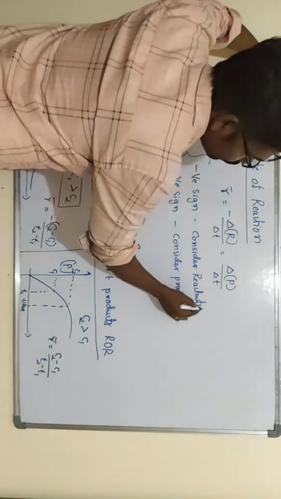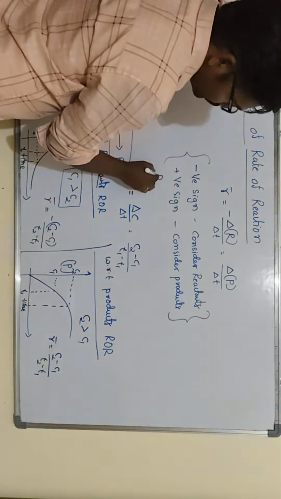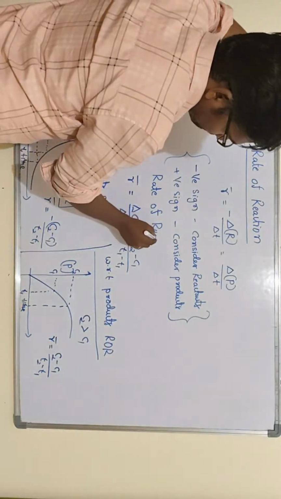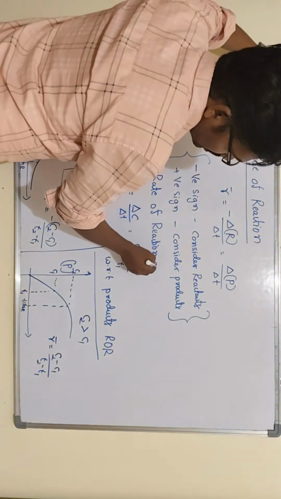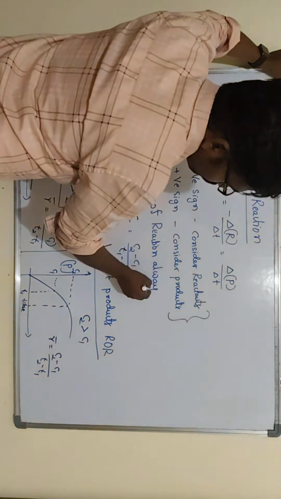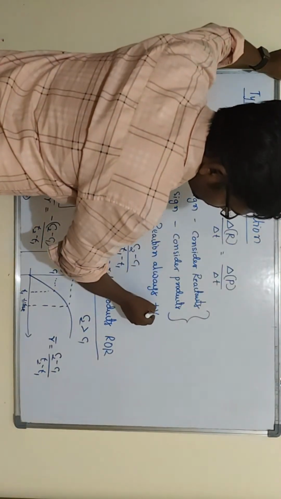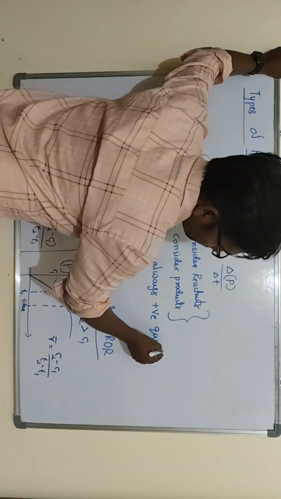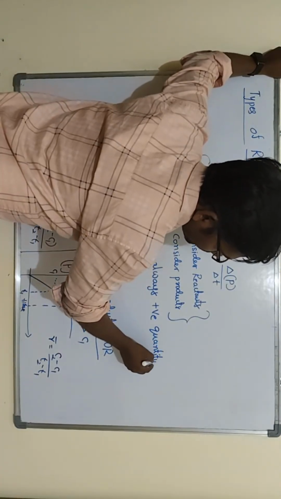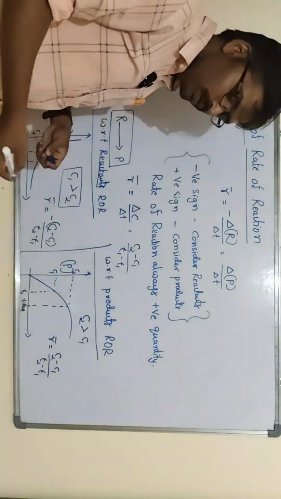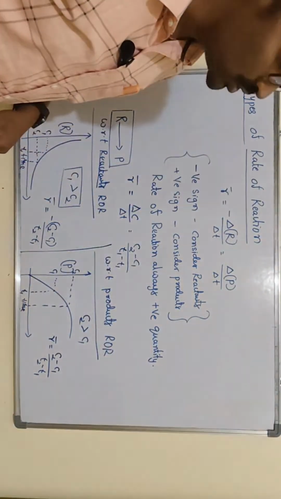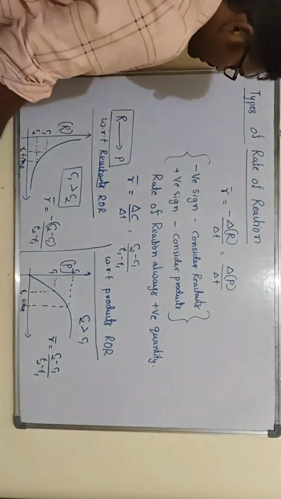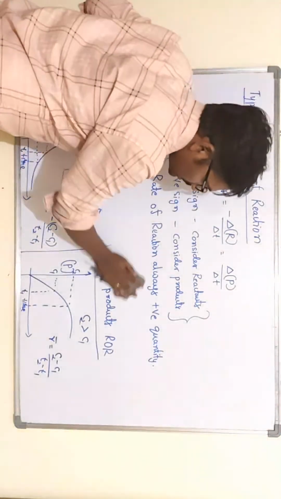But overall, rate of reaction is always a positive quantity. Clear, my dear students? So you always get a positive value; however we measure the rate of reaction, it is always a positive value.